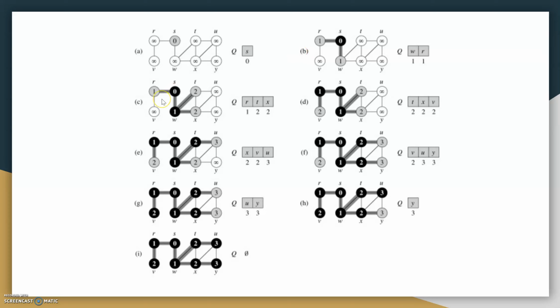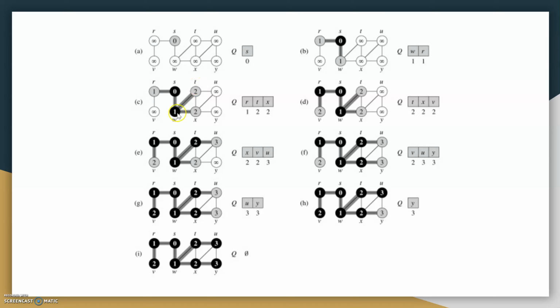Then we go to step C. Since there are two vertices visited from S, you can choose either one to continue. Most of the time, you choose the one that can reach more vertices.